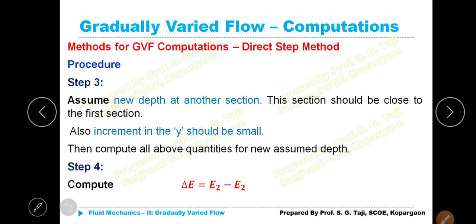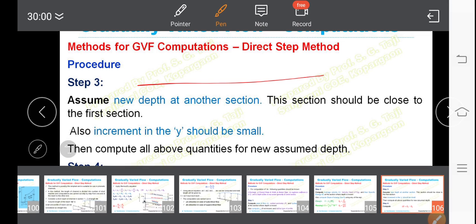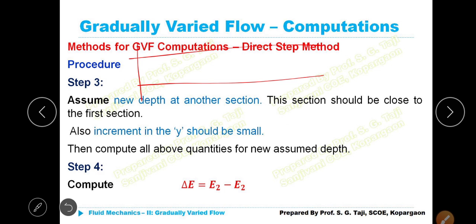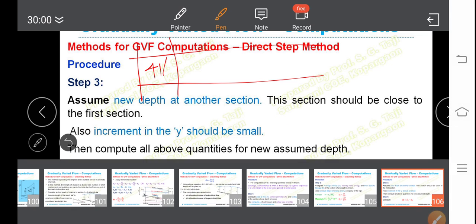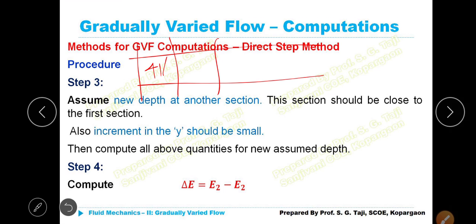Next, step 3. Another two steps are there. That's all, very simple. We can solve the numerical problem quite easily. Assume a new depth at any other section. This section should be close to the first section. Suppose you are considering an open channel, first section, second section, that is dx we have assumed. Similarly, you take another section 3, which should be very close to this.